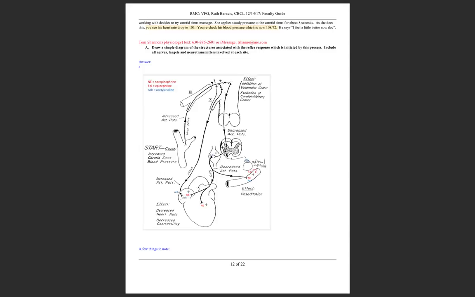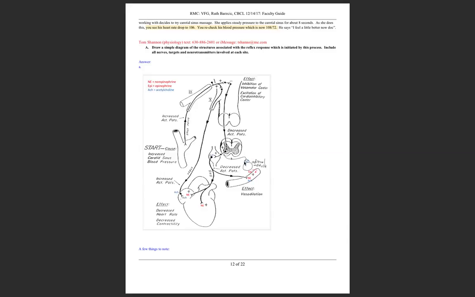At the same time, you have increased output to the vasculature. These are sympathetic nerves again, but they release NE onto the smooth muscle, or ACH onto the endothelial cells. So some of these fibers will be sympathetic cholinergic fibers that actually release ACH, and they should know that, and you should point them to that.